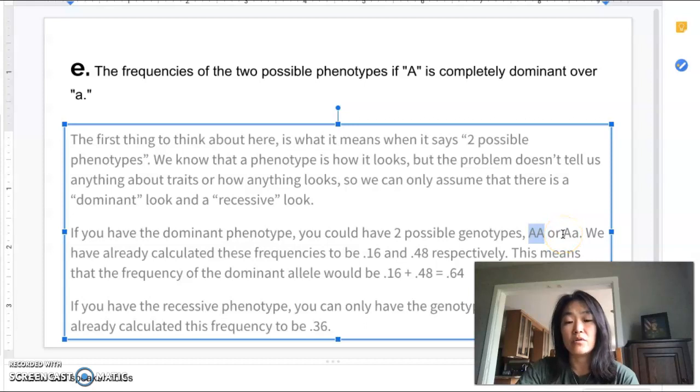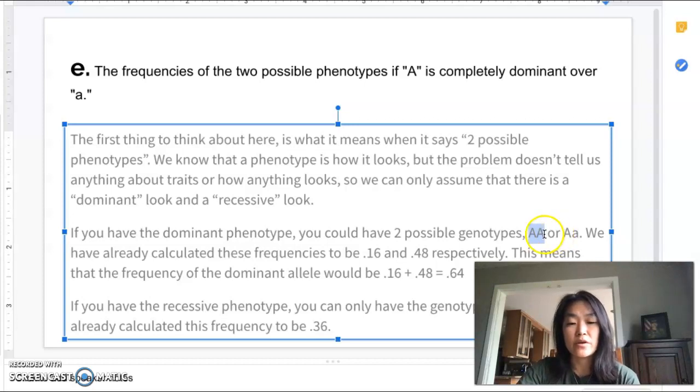So you can have two different possibilities. Whereas if you have the recessive phenotype, the only genotype you could possibly have for that one would be little a, little a. So the homozygous recessive is a lot easier because there's only one possibility.